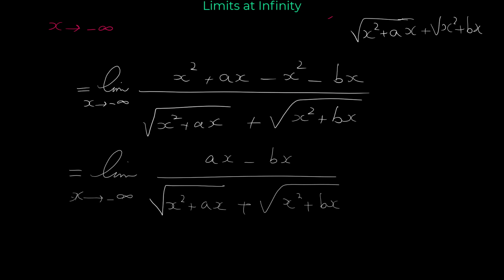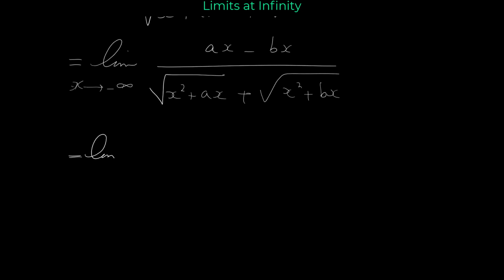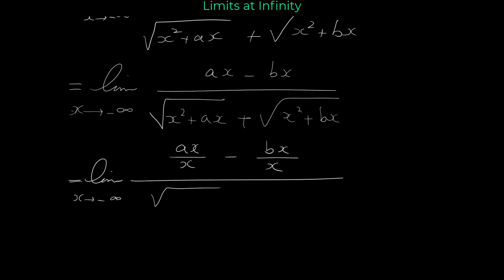Similar to the previous question, we are going to divide numerator and denominator by the highest degree of the denominator, and we know that the highest degree of the denominator is x, so we divide numerator and denominator by x. If we divide every term in the numerator by x and every term in the denominator by x, we divide the radicals also by x.